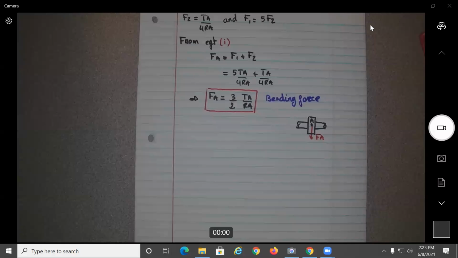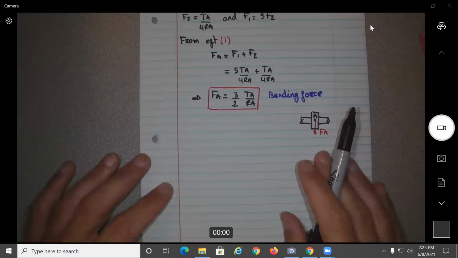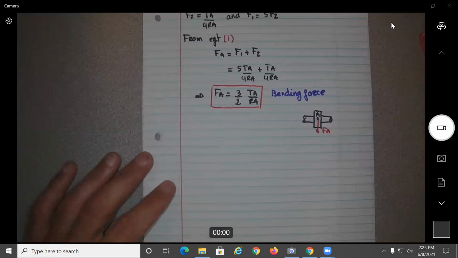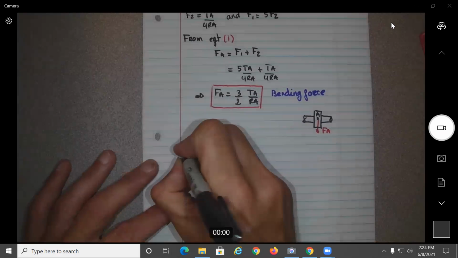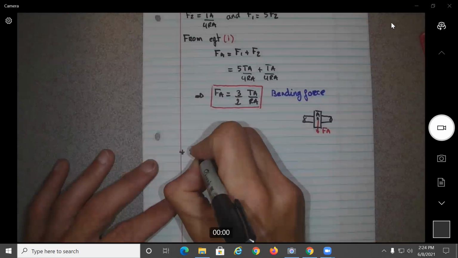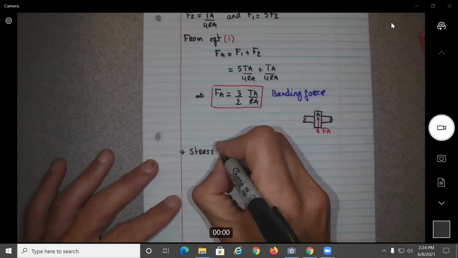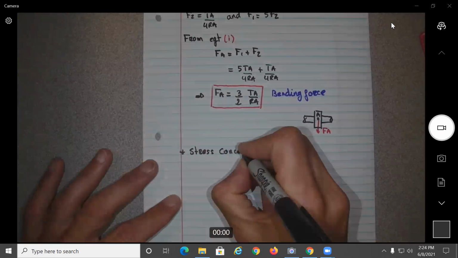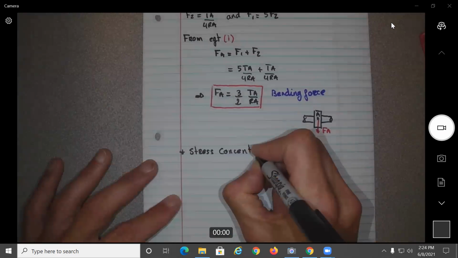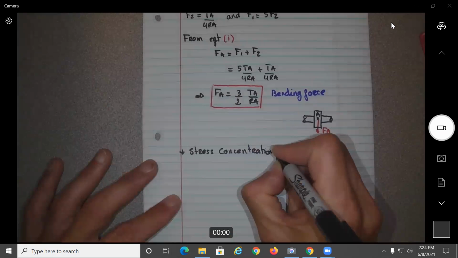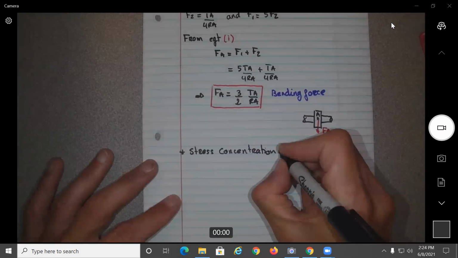Okay, the next section is very important, but like this one, I'm not a big fan of it. It's called stress concentration factors.